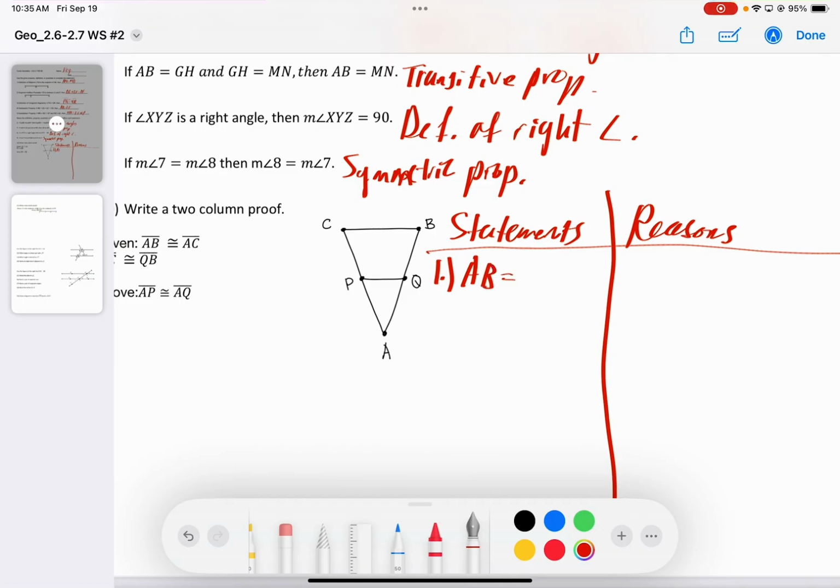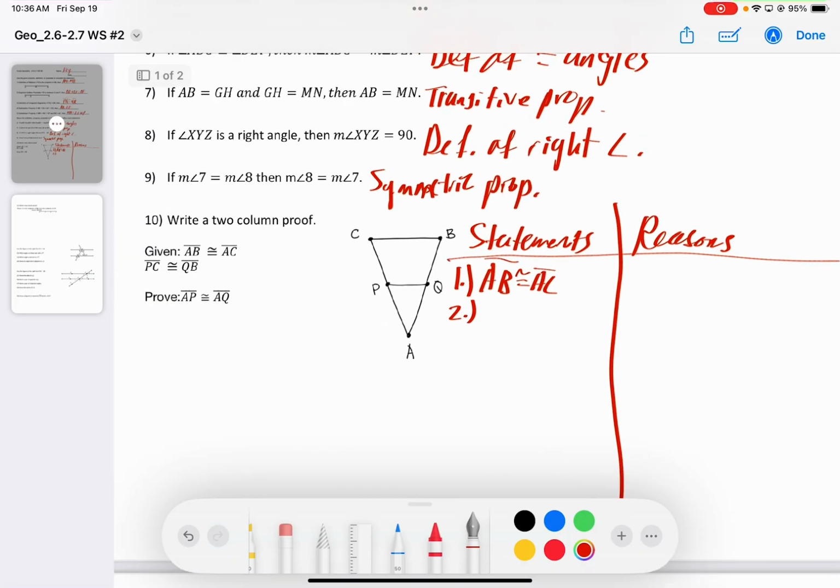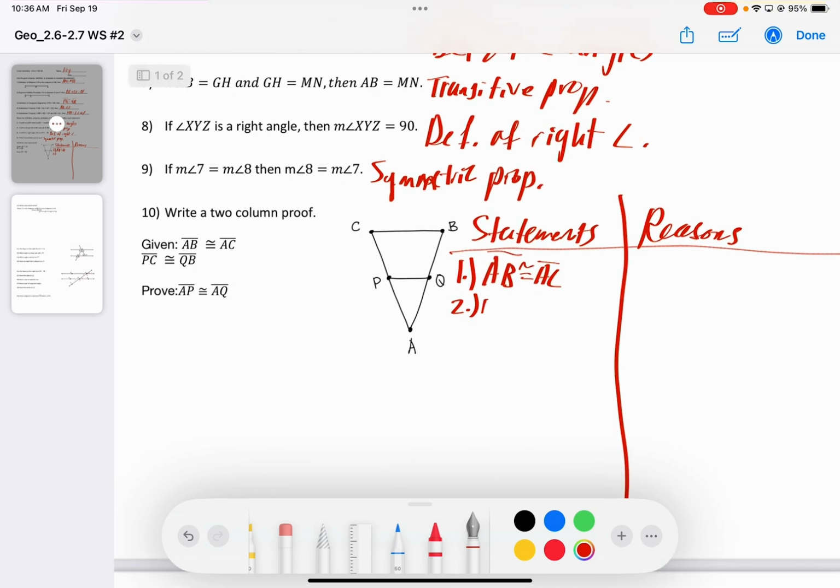So AB congruent to AC. And then PC is congruent to QB. All right, the reason for both of those is given. So I'm just going to write a really big given, okay?